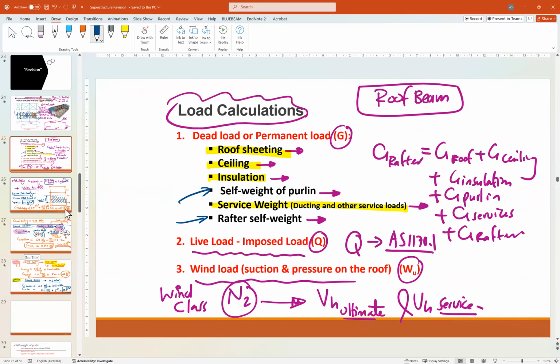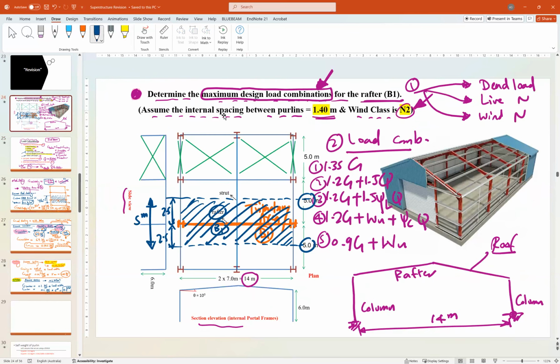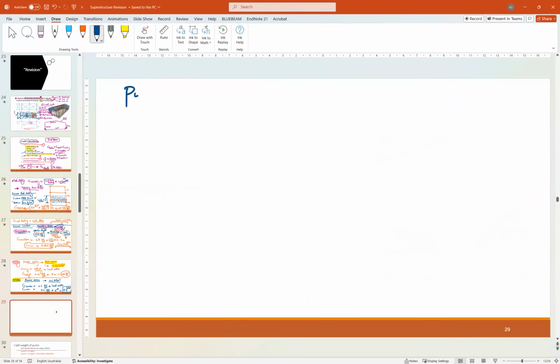If you read the question, one of the given data is the internal spacing between purlins, which is 1.4 meter. So we already know the purlin spacing equals 1.4 meter. What does this mean?